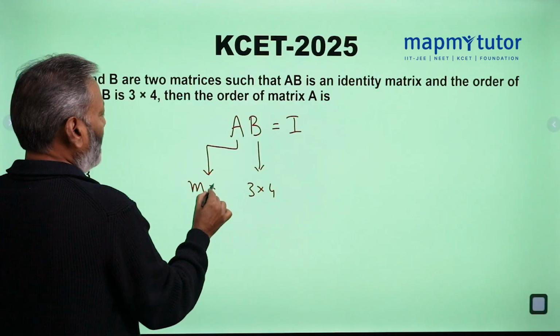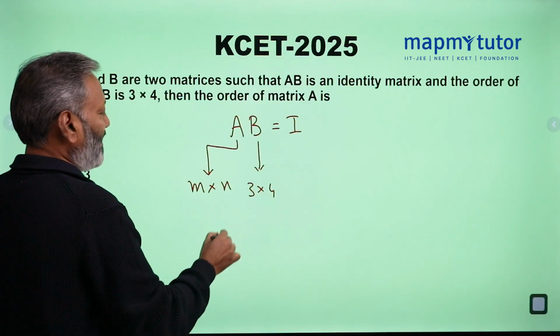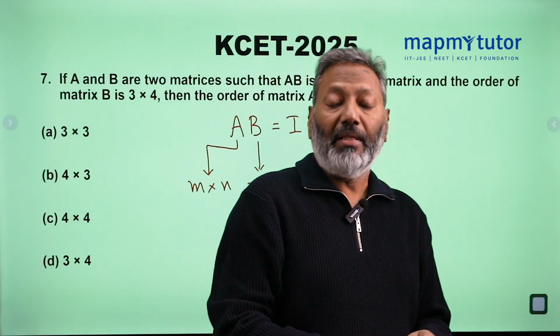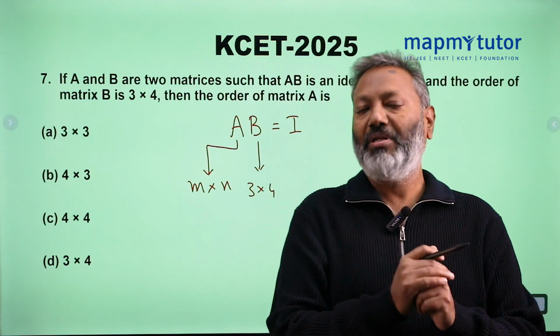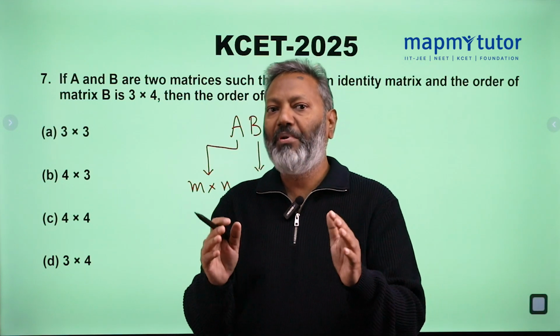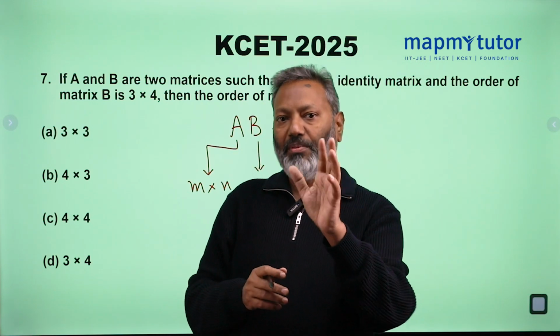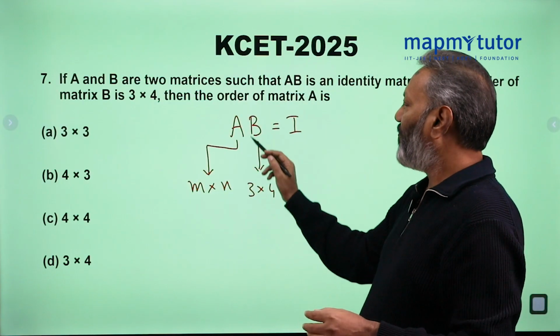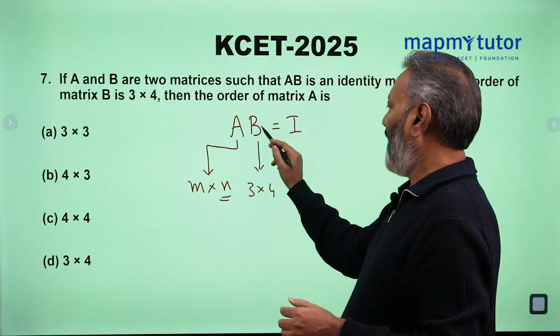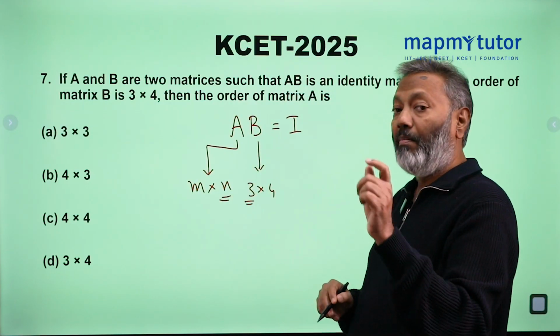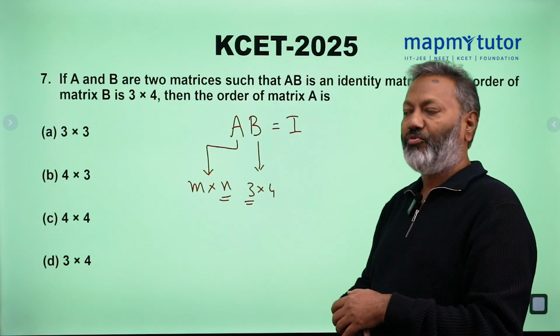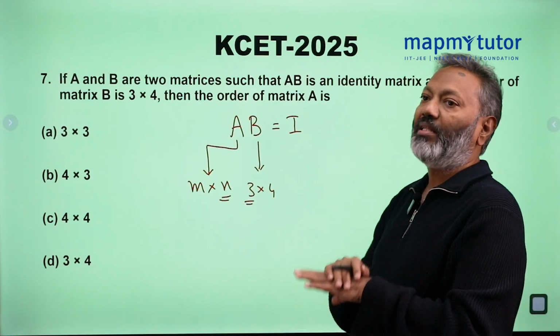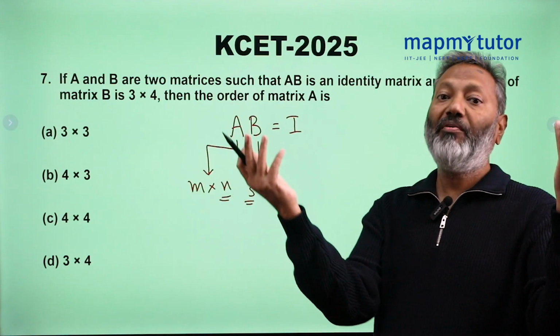Let me consider the order of matrix A as M cross N. You know the matrix multiplication rule: multiplication of two matrices is possible only when the number of columns in the first and the number of rows in the second are equal. That means N and P must be equal, otherwise A into B is not possible to define.